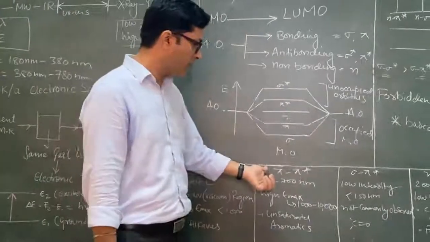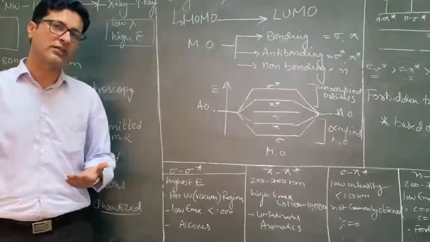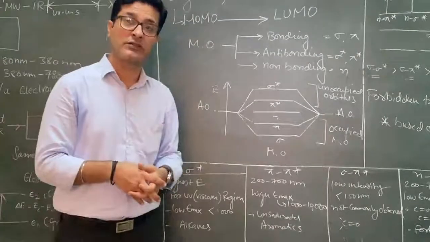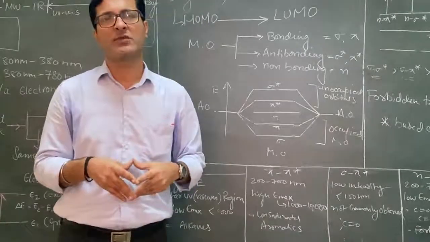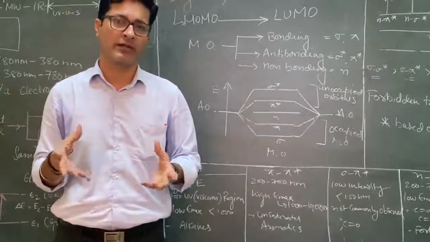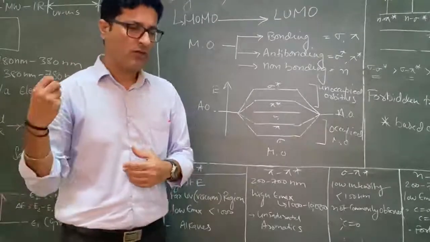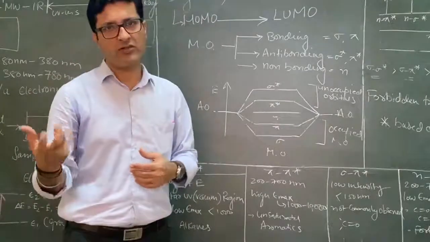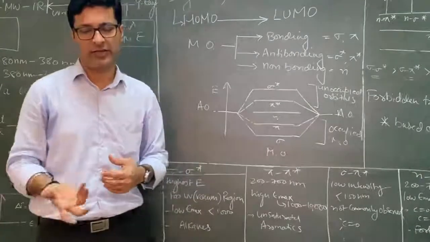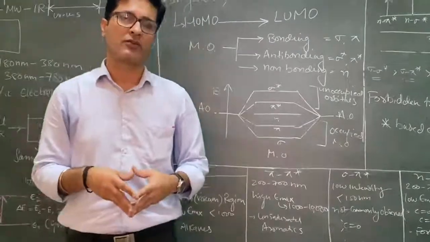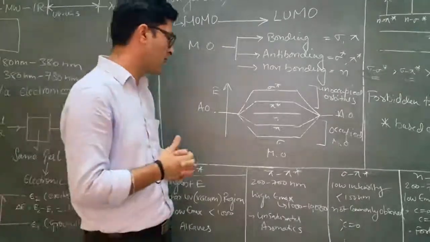Then second is the pi to pi star transitions. They mainly range from 200 to 700 nanometers, and they are the most important ones, because the main application of UV and visible spectroscopy is the identification of unsaturation and conjugation. Any unsaturated or conjugated bond has pi electrons, so the transition of the pi electron is the prime criterion of importance for us.